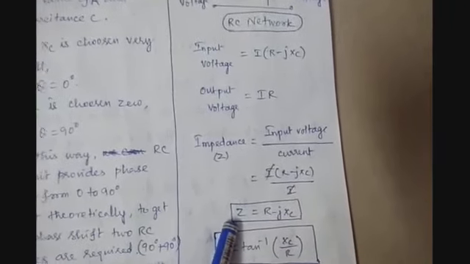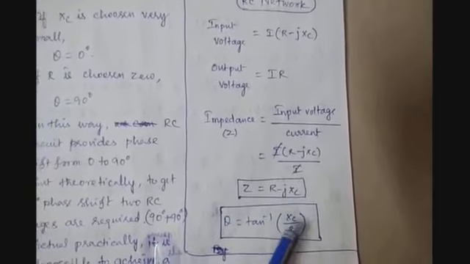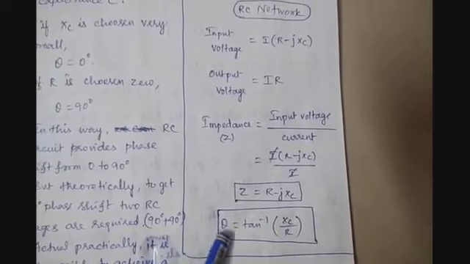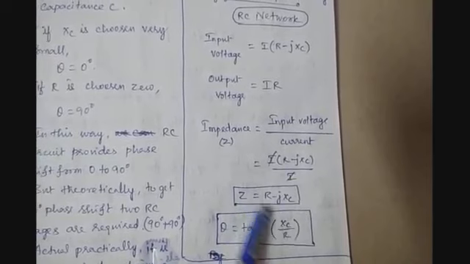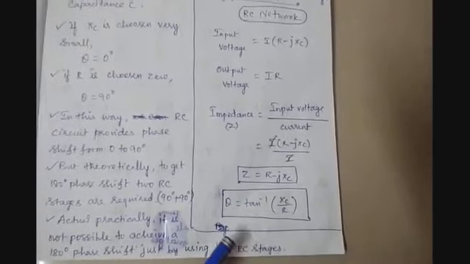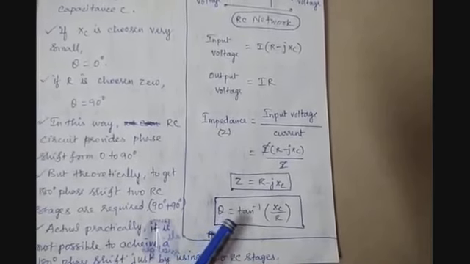Then impedance Z equals R minus jXC. From this we can calculate the angle theta equal to tan inverse of the imaginary part XC divided by the real part R. This is the way to calculate the theta value.